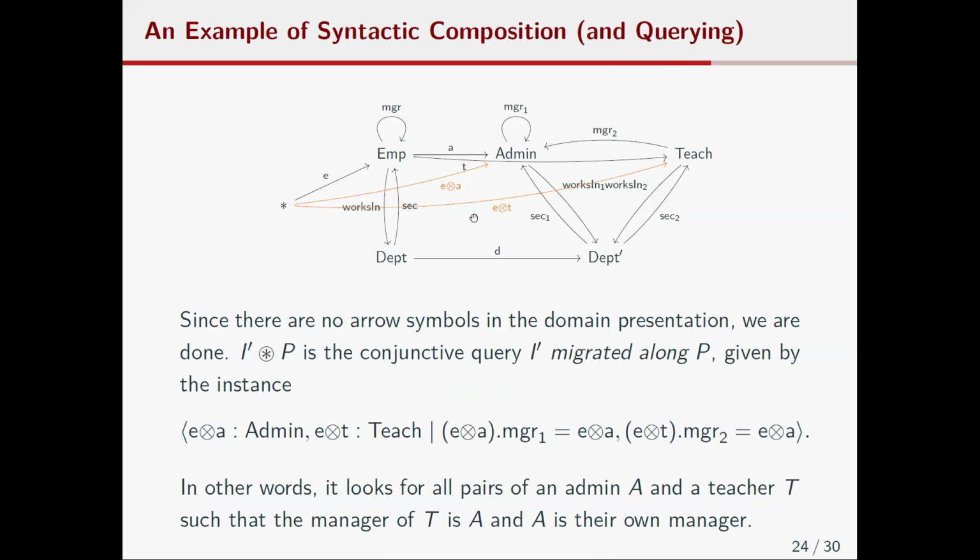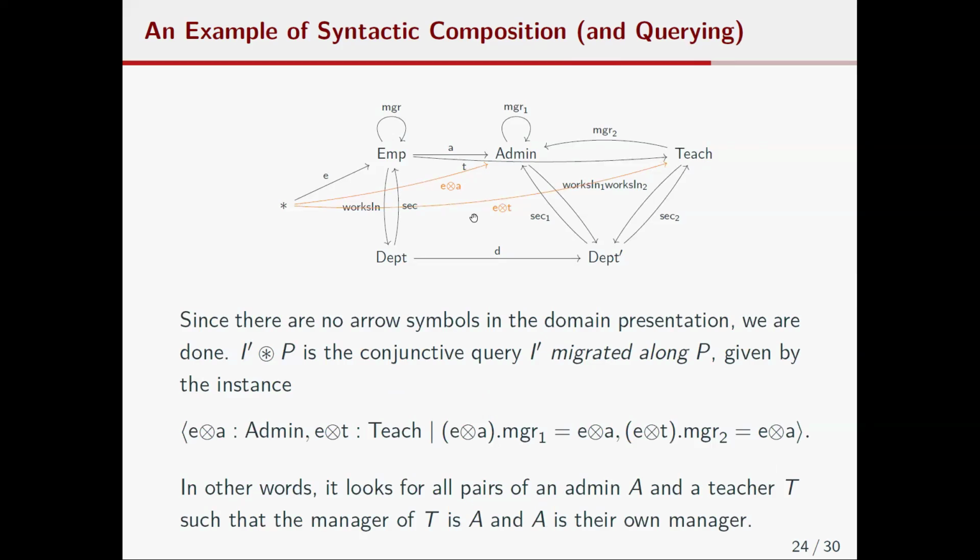And the result, and this is also something that I wanted to emphasize, is that since what you get has a domain which is presenting the terminal category, this is an instance too. And as an instance, we can think of it as a conjunctive query. What it's saying is a migration of the original conjunctive query that was on this schema to this new schema.